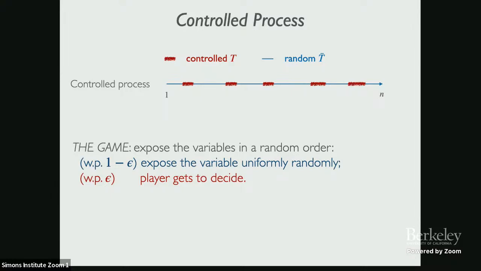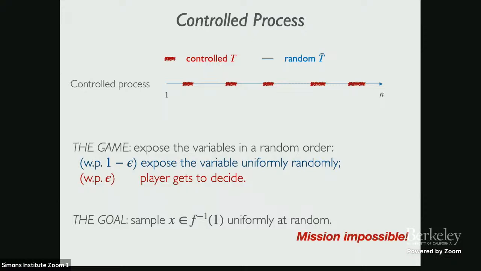But now with a large probability, we expose the variable uniformly at random. And with the remaining probability, we let the player, you, decide how to set the value for these variables. And your goal is to sample a pre-image of 1 uniformly at random for this function f.